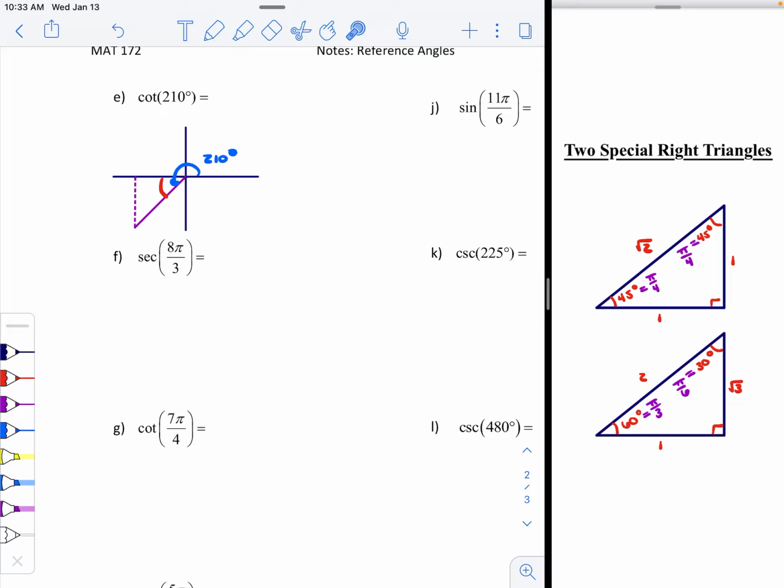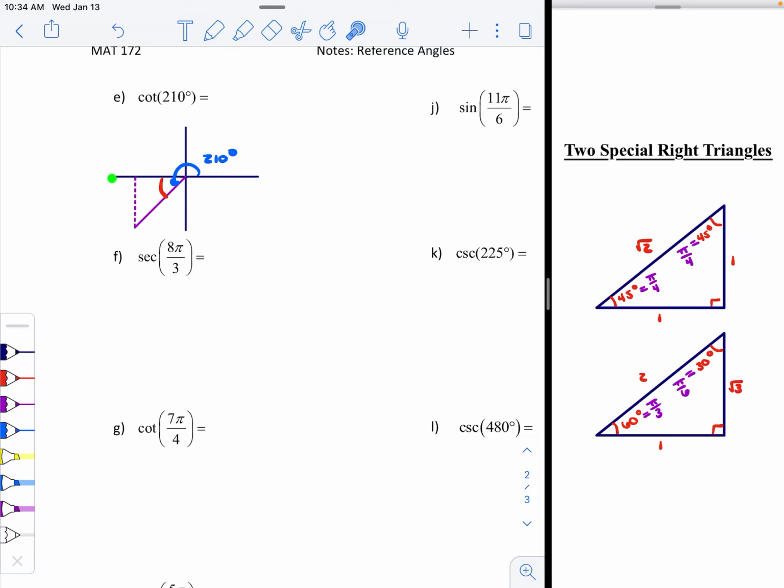So draw in our right triangle to the x-axis. Always draw that triangle to the x-axis. This was 210 degrees, which means we now want to find our reference angle, which falls between the terminal side of our angle and the x-axis.